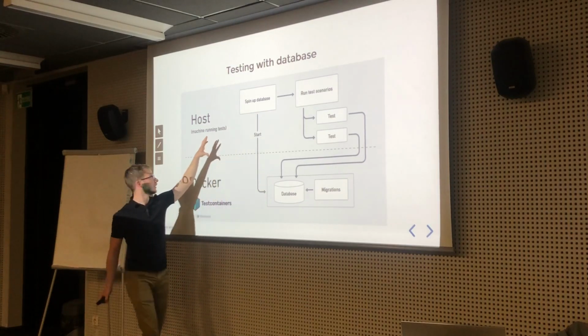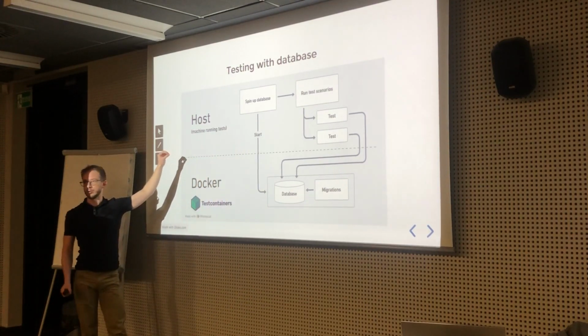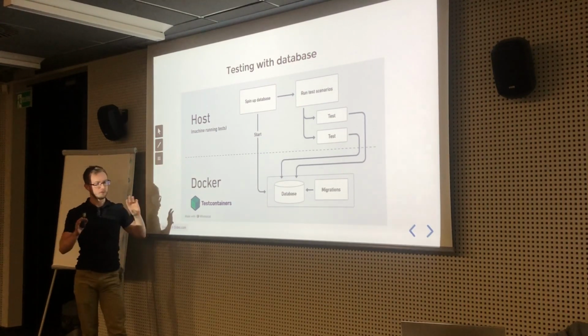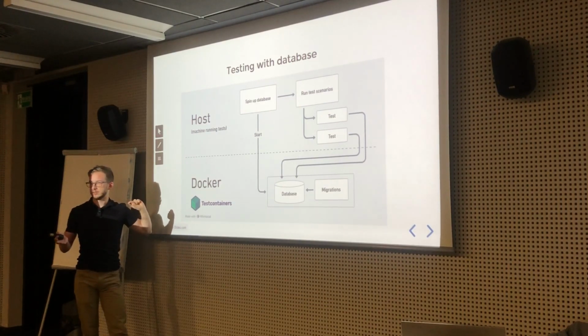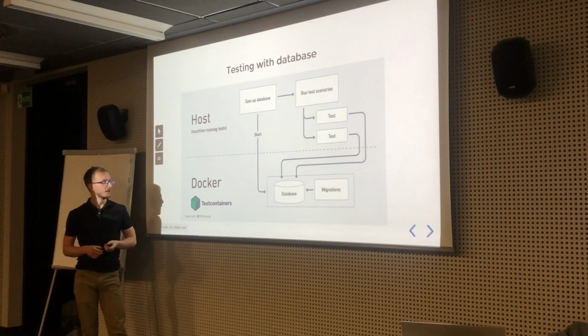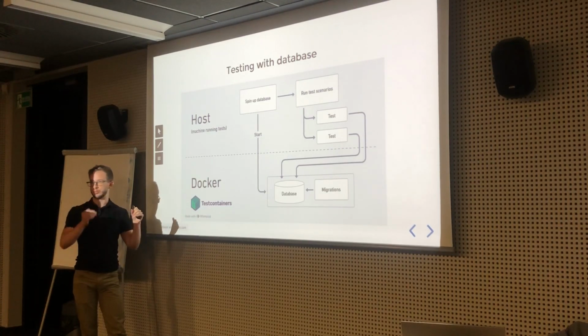And this happens usually for every package you have. You can pick granularity, but usually, because Go tests run in parallel, if you have multiple packages, all of them are going to be executed depending on how many CPUs you have. So if you had only one database, you would get race conditions, and repeated tests could fail.